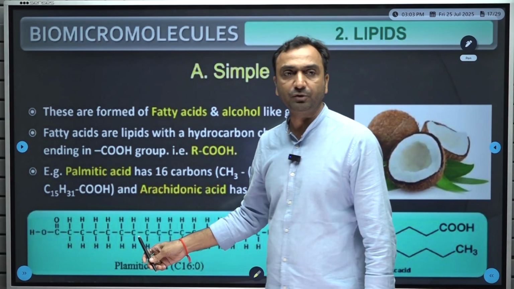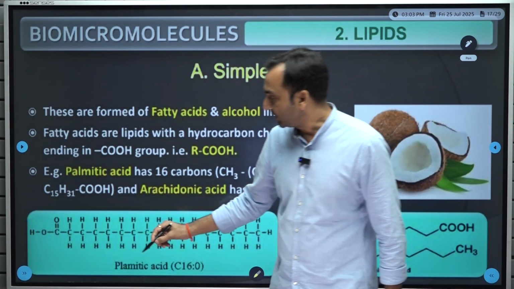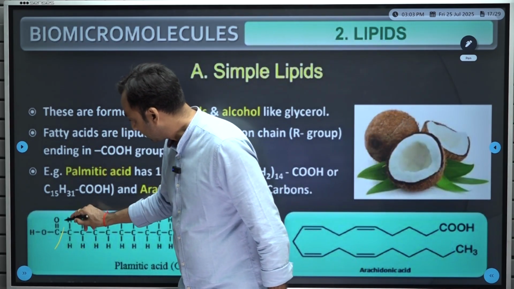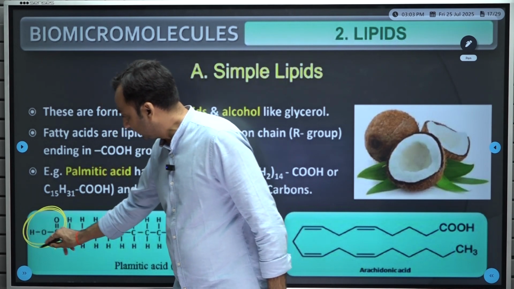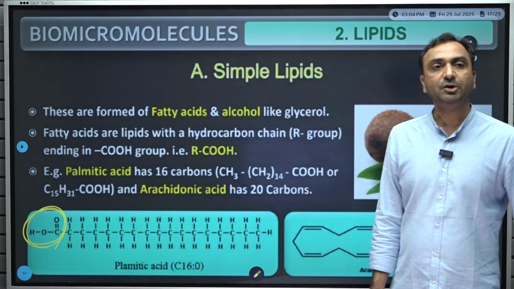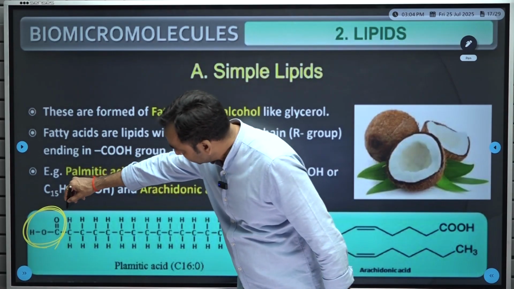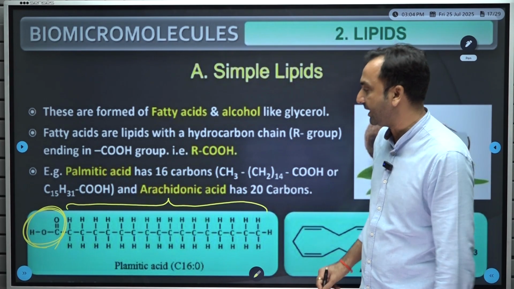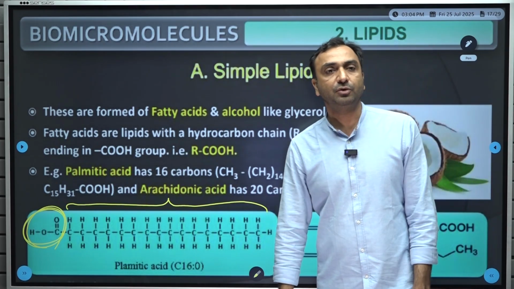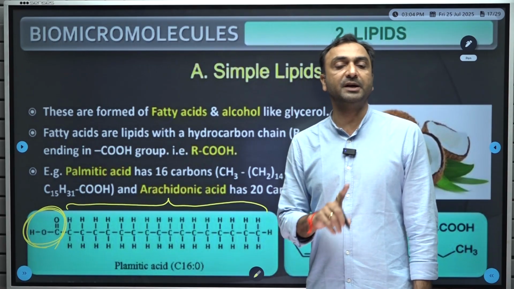I am coming to this diagram at the base. The first component here is the carboxylic acid, COOH group. And the rest of this molecule, the entire chain, is called the functional group, that is R group.